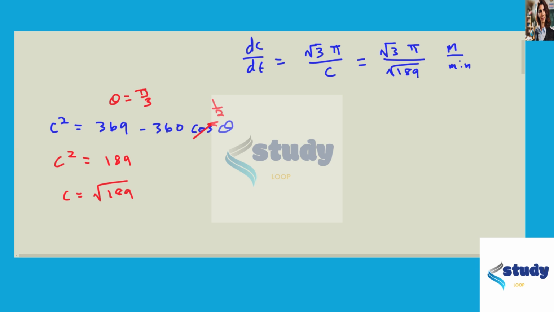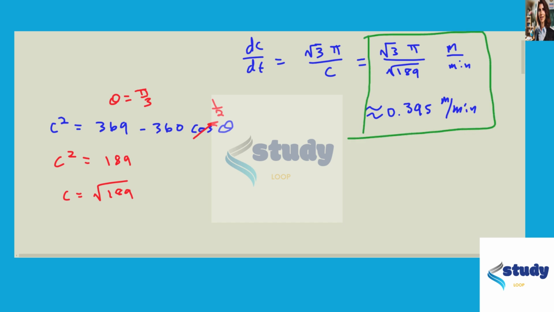And this is going to give us something around 0.395 meters per minute.